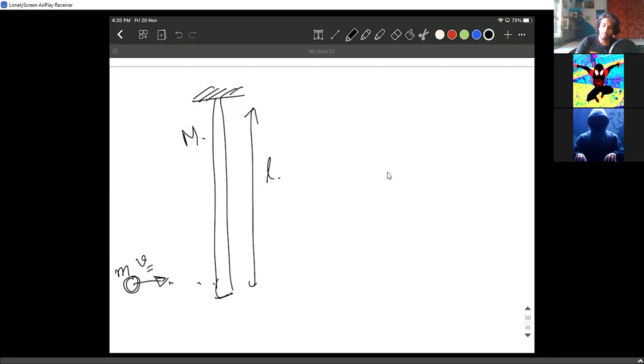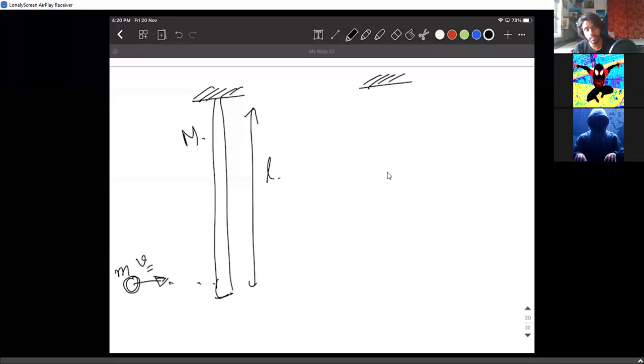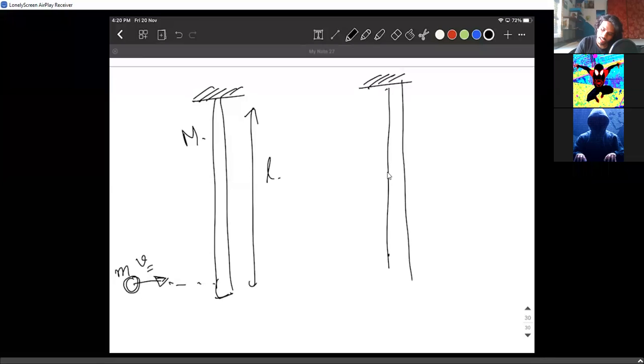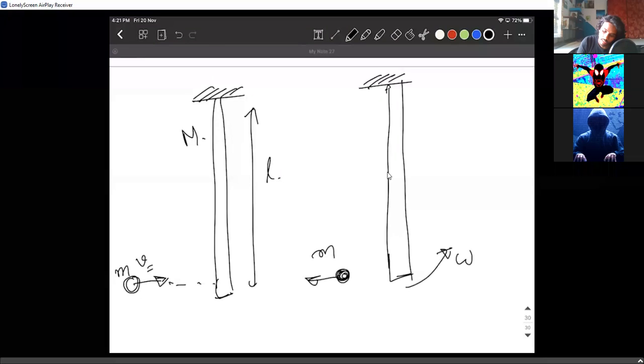So, yeah, let me do the problem. Let us just imagine this is an elastic collision, and let's deal with the elastic collision first. Let's say the ball came in and collided. Right after the collision, the rod gained some angular velocity and the body has returned with velocity v1.